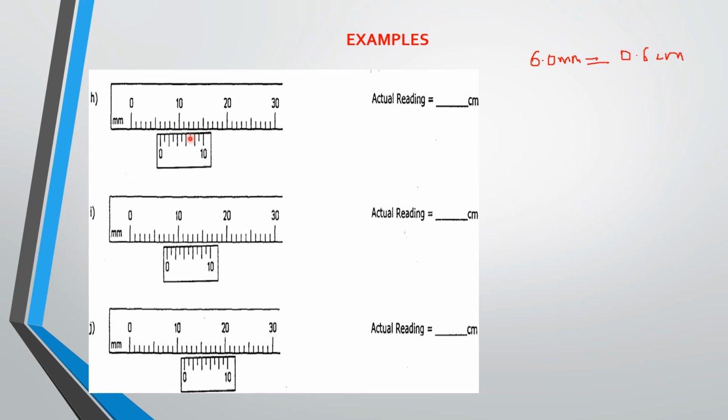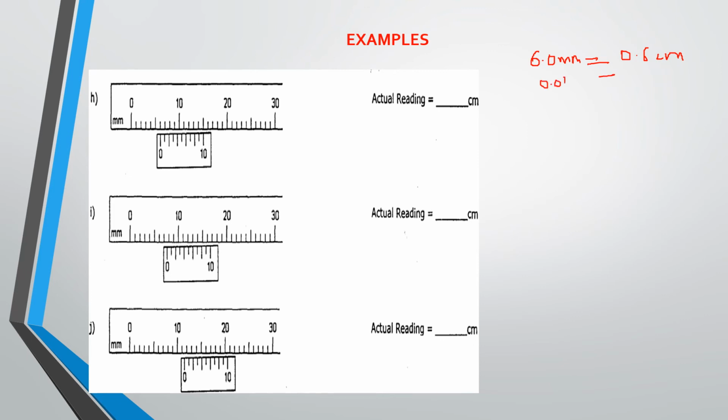So for this particular Vernier scale, there's nothing to multiply with the accuracy. The accuracy of the Vernier scale is 0.01 centimeters, so that multiplied by 0 gives you 0.